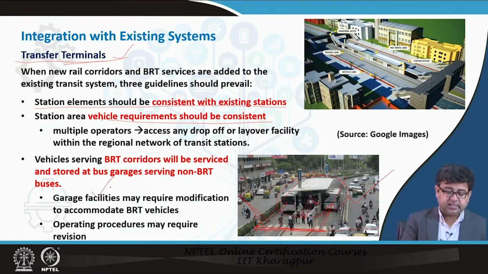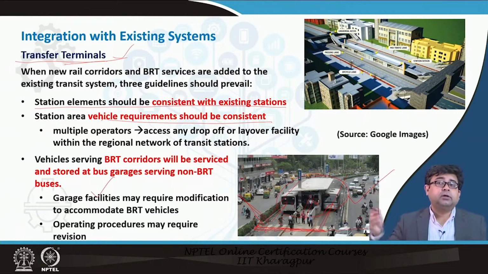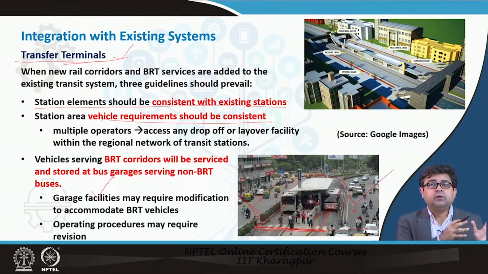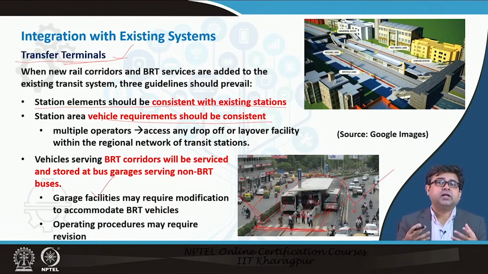Your garage facilities have to be coordinated now. So, maybe your BRT buses are longer, right. Maybe they accommodate more passengers, whereas your regular buses that run on the street may be shorter buses or fewer capacity buses. So, the garage facility that you had was maybe only for those shorter buses, but now that the BRT system has come in, you need a garage that also facilitates these longer buses.